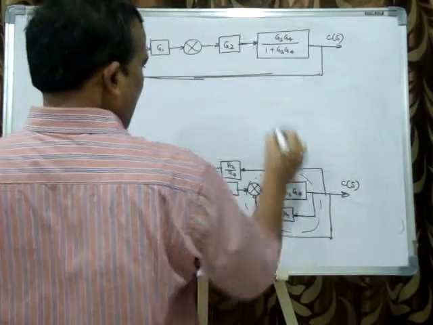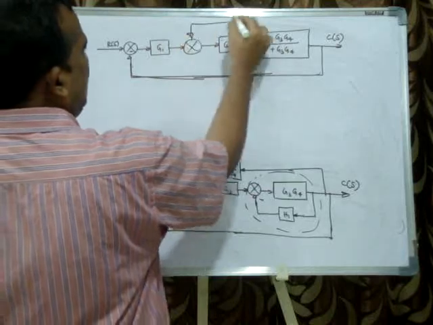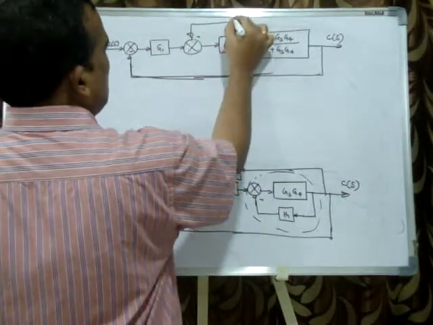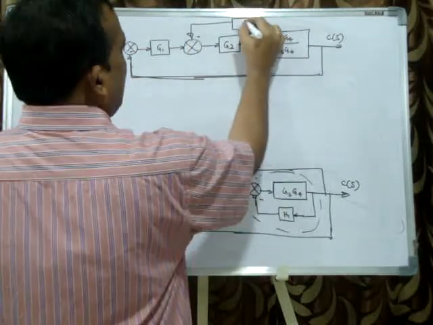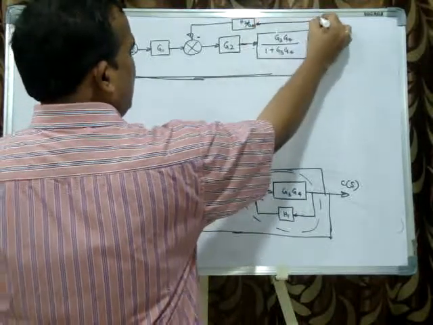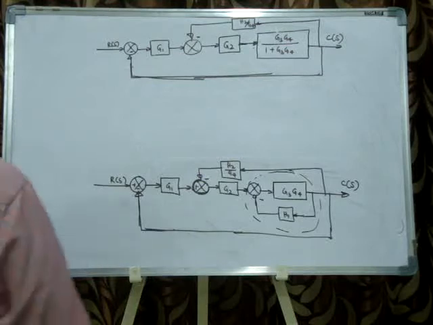And from here this is a plus, from here this is the minus. So now H2 by G4, minus.